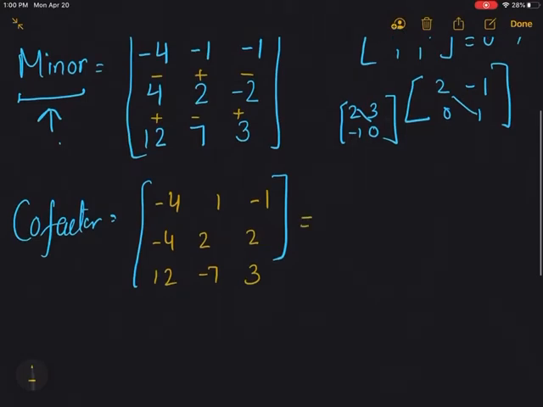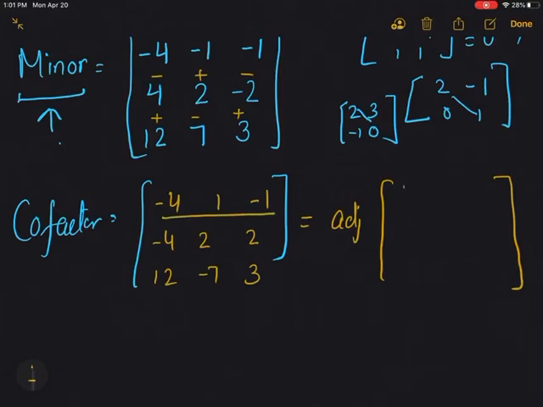Next one, finding its adjoint. Basically, it's just interchanging rows with columns. Every single row would become a column in my adjoint matrix. So this whole row would be my column. The second row would become the second column. The third row would become the third column in this adjoint matrix.